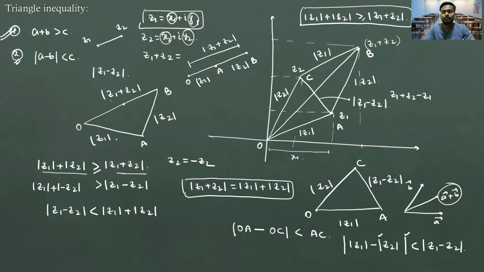Now, if this becomes collinear, we will be getting the equal sign here, right? So now if you combine this and this, right?